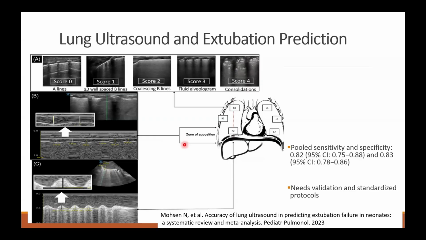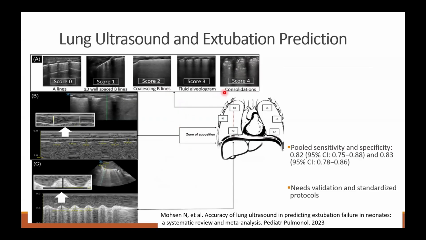In a systematic review and meta-analysis, there were 8 studies, and the authors found that the different studies have included different zones. Most commonly, the anterior and lateral zones have been included, totaling 6 zones, and the total maximum score ranged from 18 to 24, and one study had included 40.